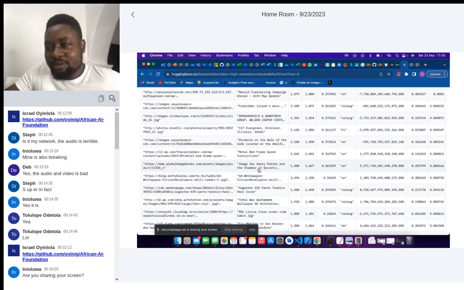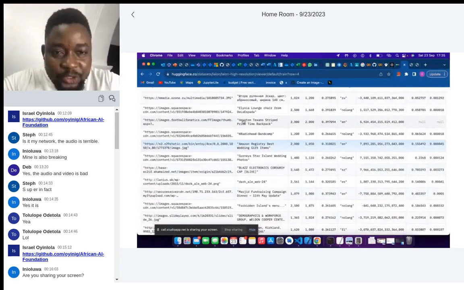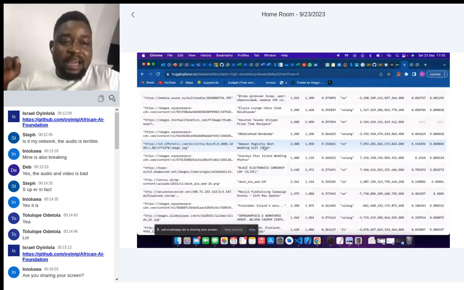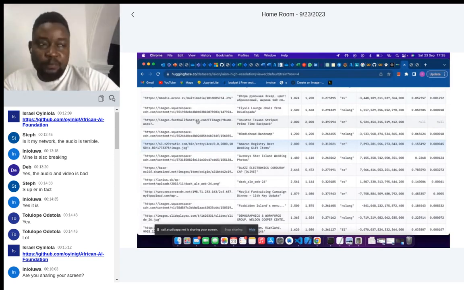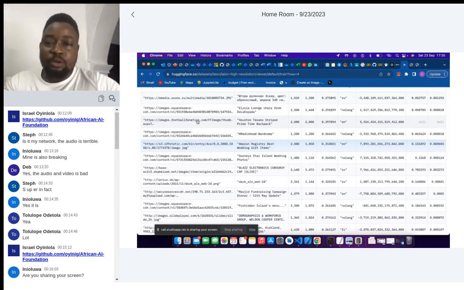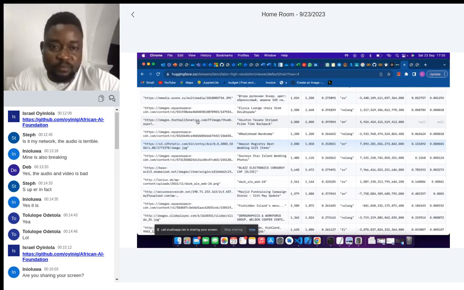But it's the same mathematics at the end of the day. So I can say I can bring ideas from Houston Texans, Stripe, wedding gift items, and then it's going to combine ideas it has learned from these together to print out a new image. So that's why with diffusion models, every image it creates is always unique.